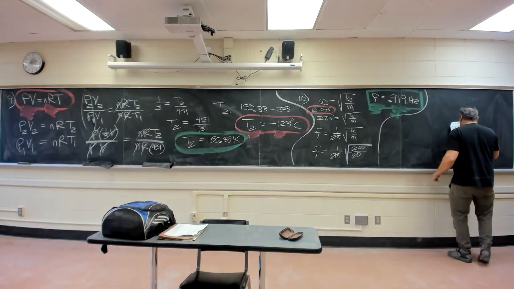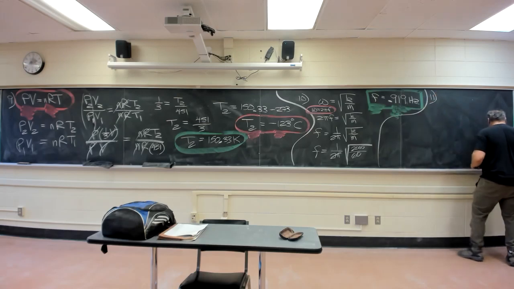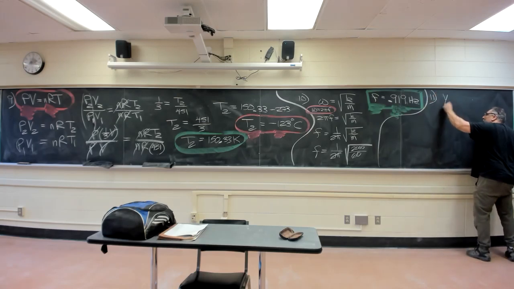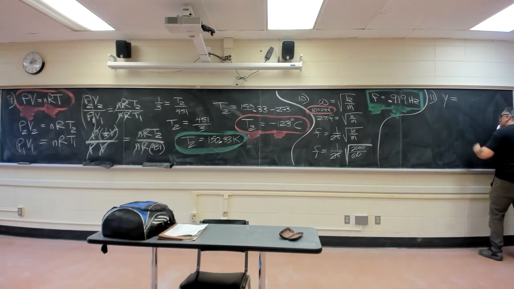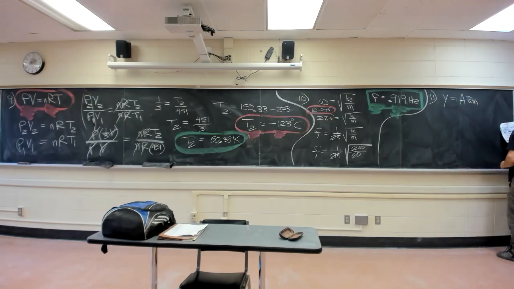Let's have a look here. They're telling us that we are given this wave equation for a traveling wave: y equals A sine of (200x minus 300t).